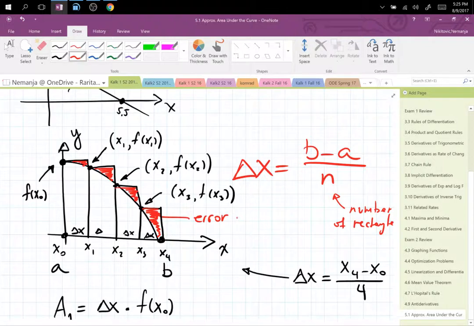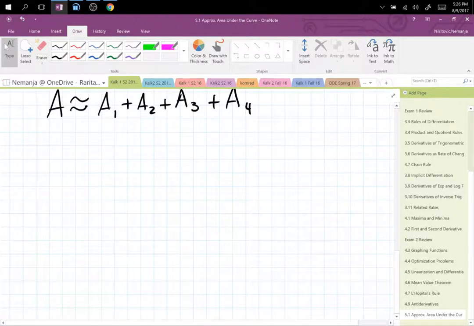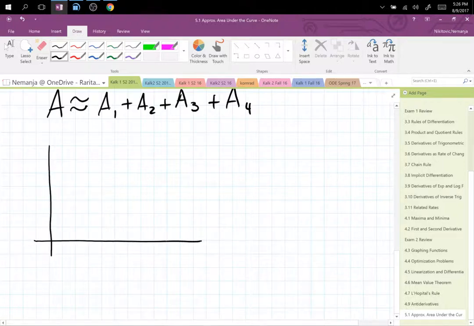Yes. If we make more rectangles, if this dx is smaller, we will have more calculations, but that will have less error. So if I go now and draw the same picture, but with double the amount of rectangles. So I will start now with this picture here.